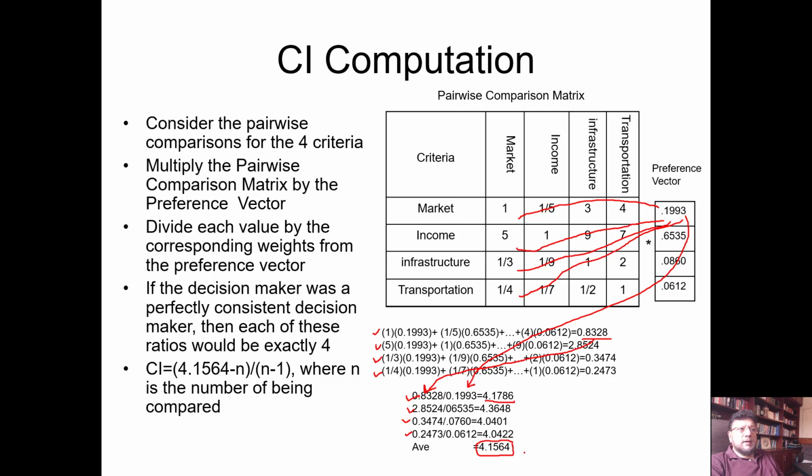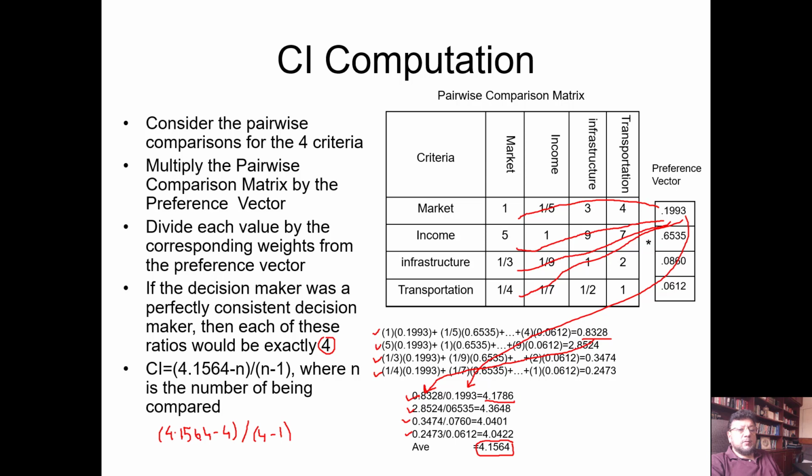Now you stick that into a formula, and the formula is CI is equal to the score that you get from here minus n, divided by n minus 1. n in this case was 4. So that would become 4.1564 minus 4, and you divide this by 4 minus 1.